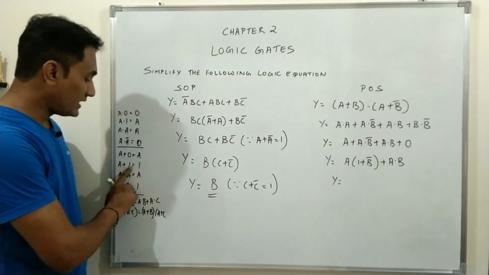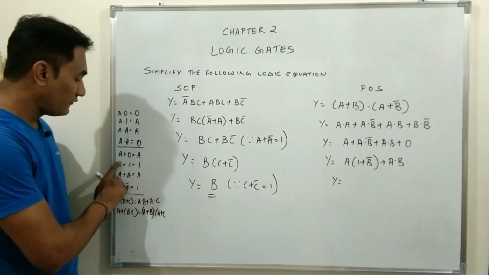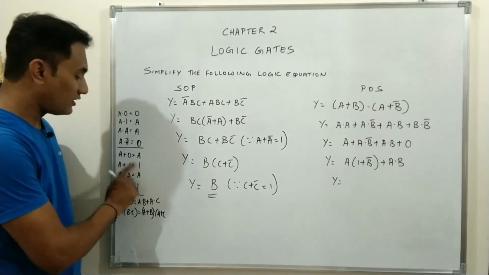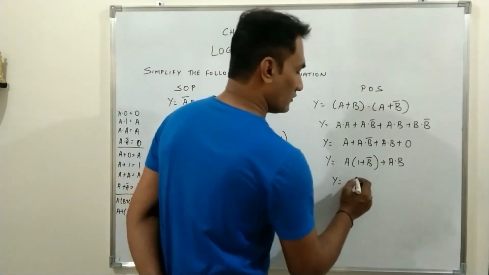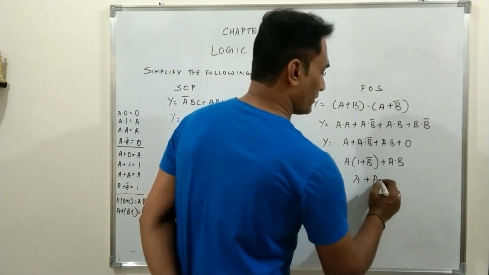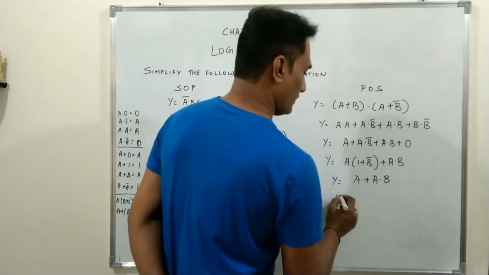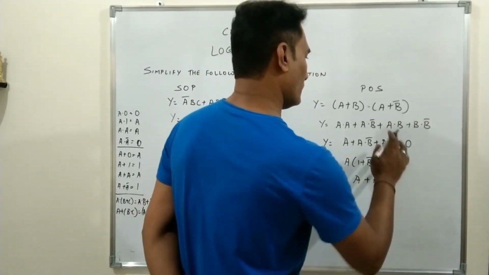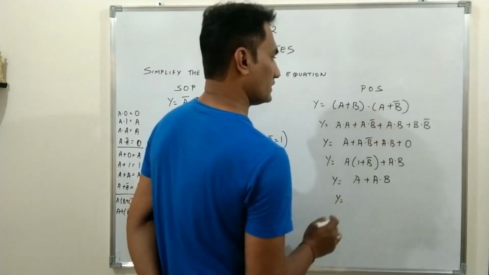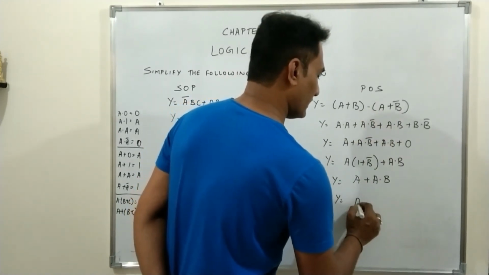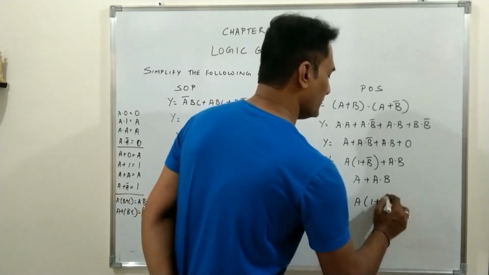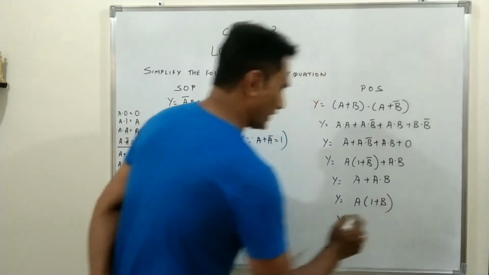So A plus 1 is equal to 1, and if we replace A by B bar, the law remains the same. So 1 plus B bar will be 1, so it will be A plus AB. This is the law, A plus A dot B. In that, A is common, (1 plus B), and what is 1 plus B?